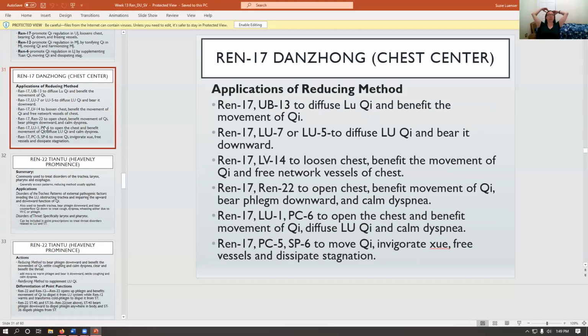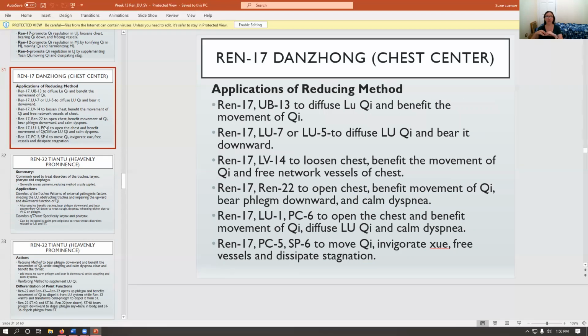Ren 17, point combinations here with UB13, that's going to benefit the lung. With lung 7 or lung 5, that's going to help bear downward in the case of stuck lung qi. We can add this in with liver 14 to really help with local qi stagnation in the diaphragm and in the chest.